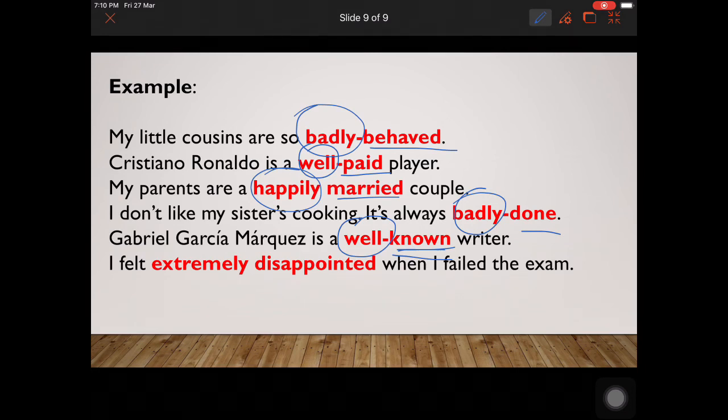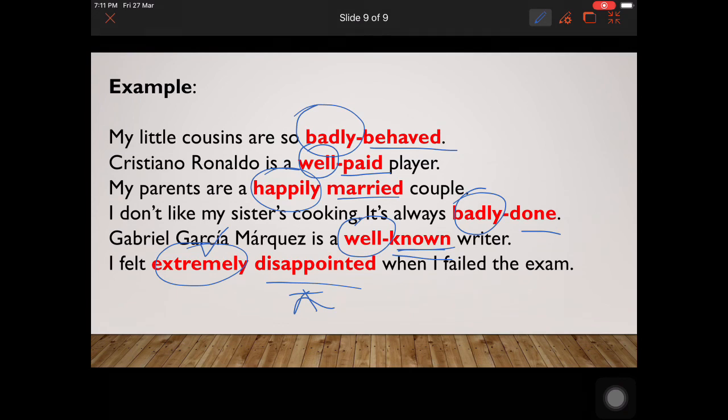because he's a well-known superhero. And finally, I felt extremely disappointed when I failed the exam. One more time, extremely is the adverb and disappointed is my adjective. What is the meaning of extremely disappointed? Extremely disappointed is a synonym of very sad. You can say, I felt very sad when I failed the exam, or I felt extremely disappointed when I failed the exam.